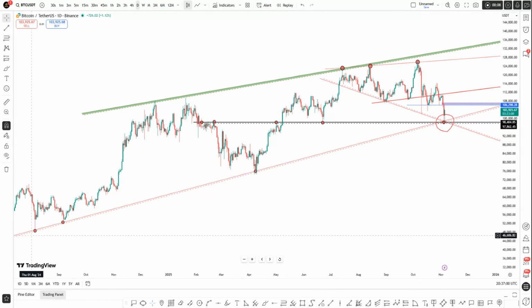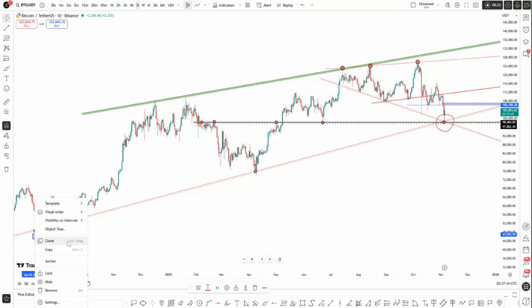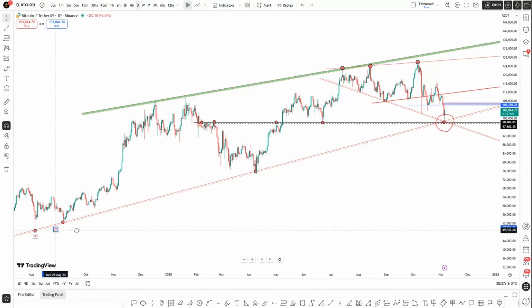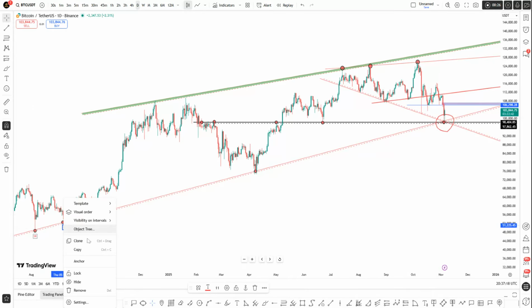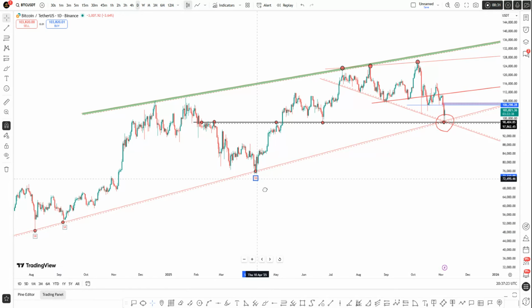So looking at the structure of BTC, we noticed the price action from August 2024. Put into perspective, support become resistance 1, support become resistance 2, support become resistance 3, and support become resistance 4.